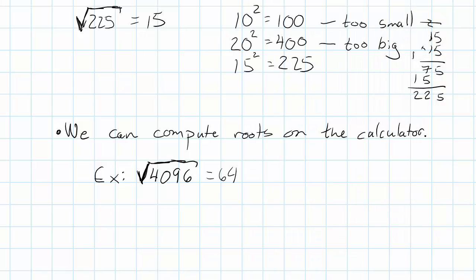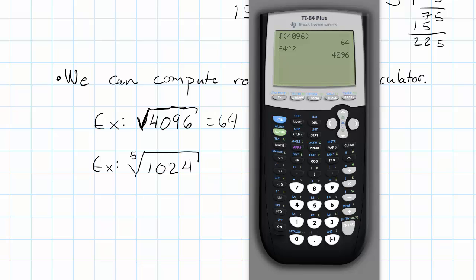Now, for other roots, let's say we want to take the fifth root of 1024. To enter that into the calculator, we need to go to the Math menu, right? Notice that option number 5 in the Math menu is a little radical with a little x inside it. That tells us we can make that any root. So I'm going to scroll down and select that.